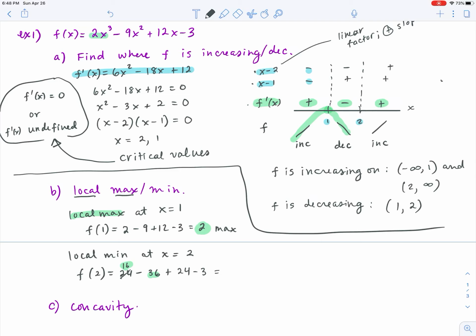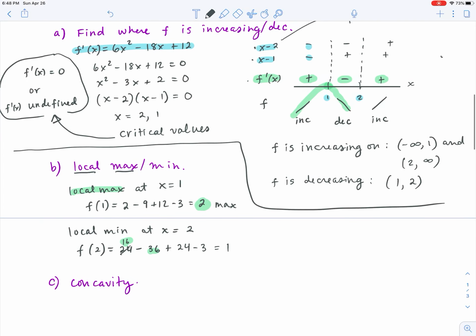So we get negative 20, we get 4, minus 3 is 1, and that is consistent with my notes. So here's our local min. And it probably makes sense to write these as ordered pairs, (1, 2), because we're going to graph this later. (2, 1). These are our critical points.